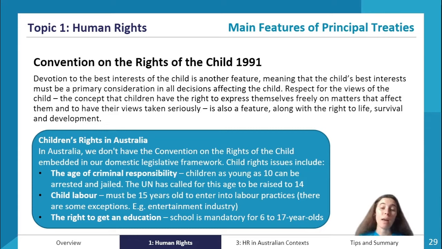So school is mandatory for 6 to 17-year-olds. There are, of course, exceptions to that as well. Some students choose to leave school early, but they have to have a job. There are certain requirements there. Have to have a job or have to have another path that they're taking with education, for example.